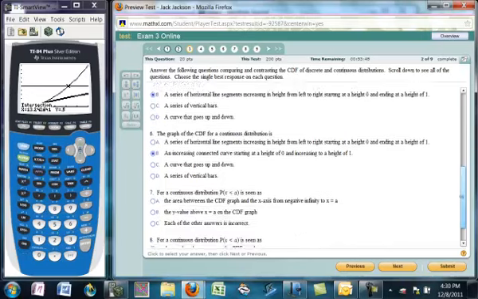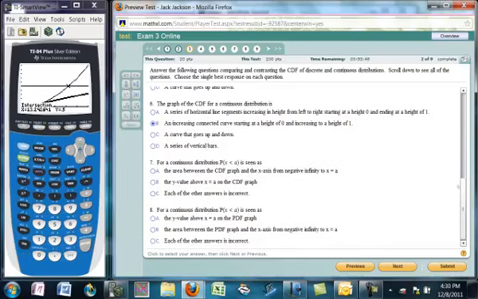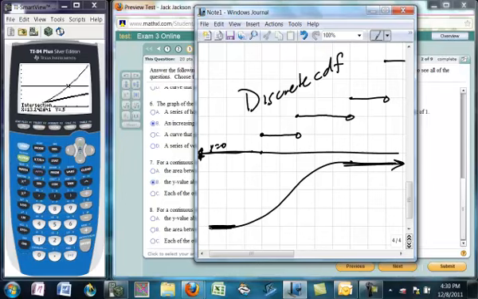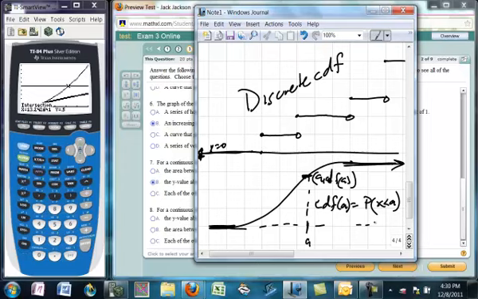For a continuous distribution, the probability that x is less than a is seen as the y value above x equals a on the CDF. So if we have a CDF curve here, and here's the x-axis down here, if we pick an a and go up here, that y is the CDF of a, and the CDF of a is the probability that x is less than a. So it's a cumulative probability.